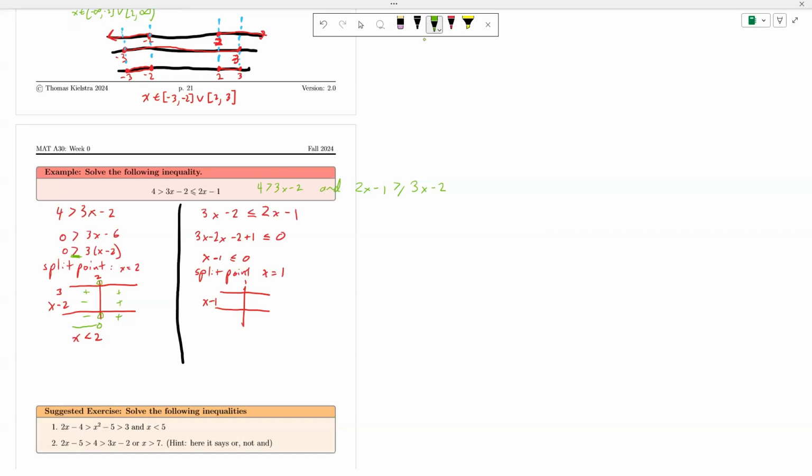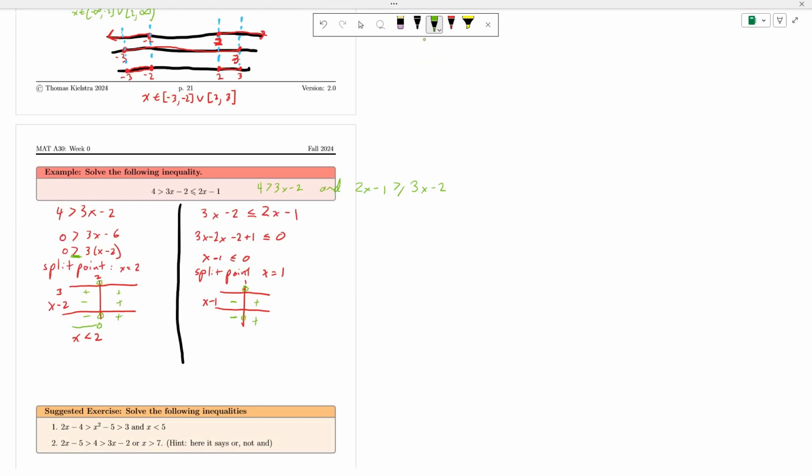Creating my sign chart, I am 0 at x minus 1. I am going to be positive here, negative here: positive, 0, negative, and I want to be less than or equal to this value.